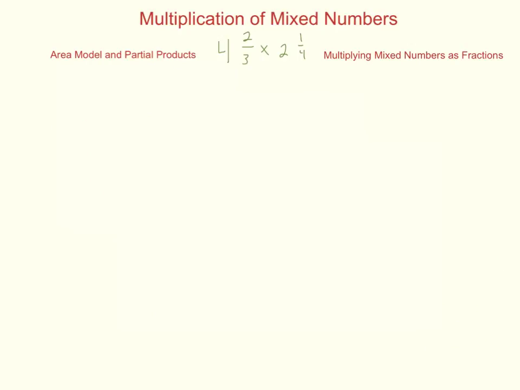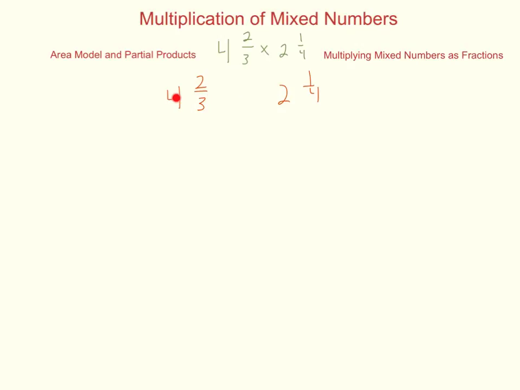Finishing up with the last example, we're going to do one more multiplying mixed numbers as fractions. So we need to start by turning our 2 mixed numbers into fractions. So 4 and 2/3 and 2 and 1/4.